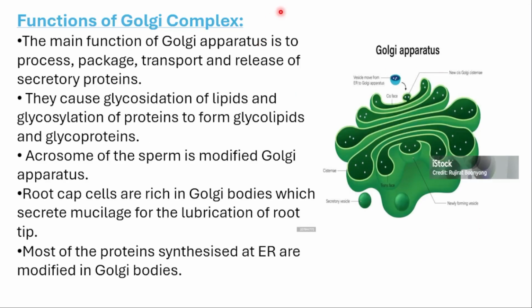Now let's talk about the functions of the Golgi complex. The main function of the Golgi apparatus is to process, package, transport and release secretory proteins. Processing will be there, packaging will be there, and then transport will be there. Next, they cause glycosylation of lipids. This is a very important point, I can say.